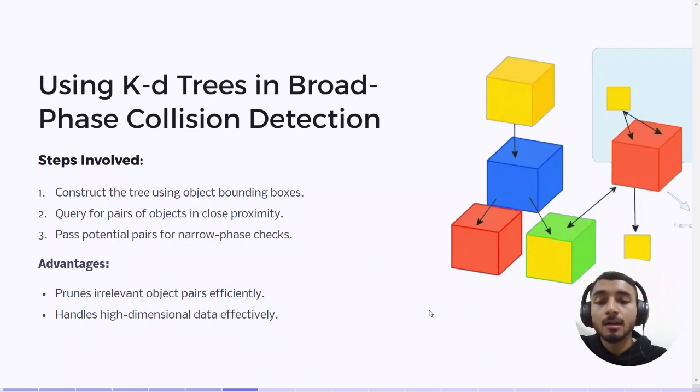Next, we query the tree to find the pairs of objects that are near to each other, and only these pairs are passed to the narrow phase for a more detailed collision check. By using KD trees, we can efficiently prune or eliminate irrelevant pairs, which makes the system more efficient.